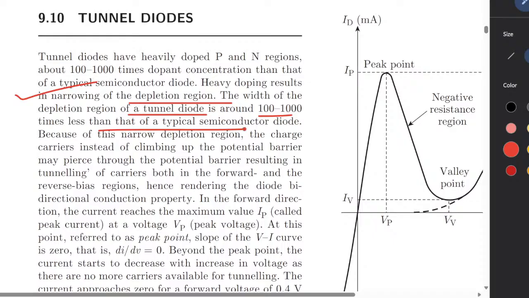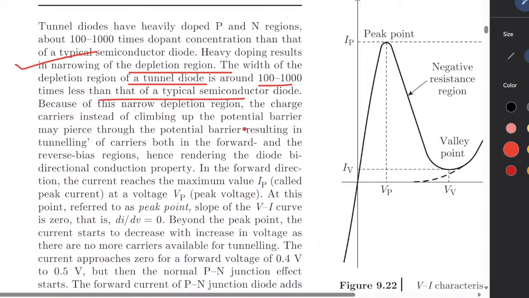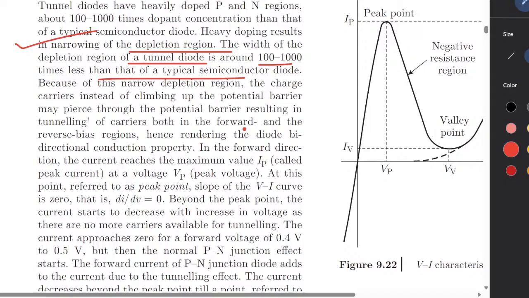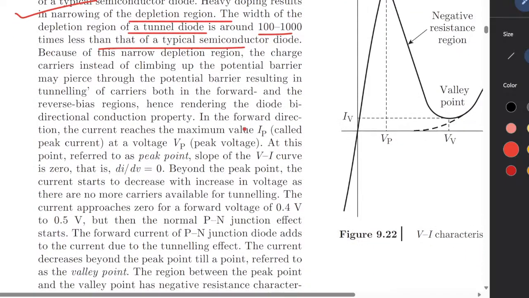Hence, this renders the diode a bidirectional conduction property. In the forward direction, the current reaches its maximum IP at voltage equal to VP, referred to as the peak voltage. Beyond the peak point, the current starts to decrease with the increase in the voltage as there are no carriers available for tunneling, and the current approaches zero at a forward voltage of 0.4 to 0.5, but then the normal PN junction effect starts, and the diode adds a current.